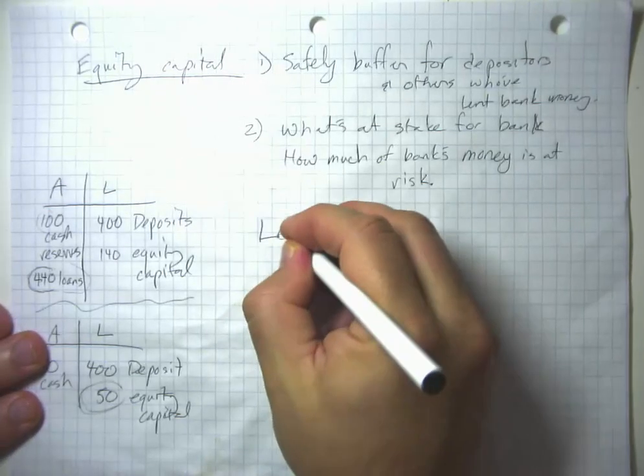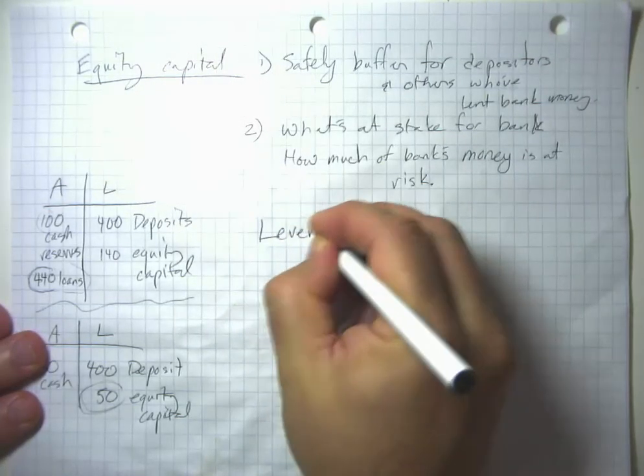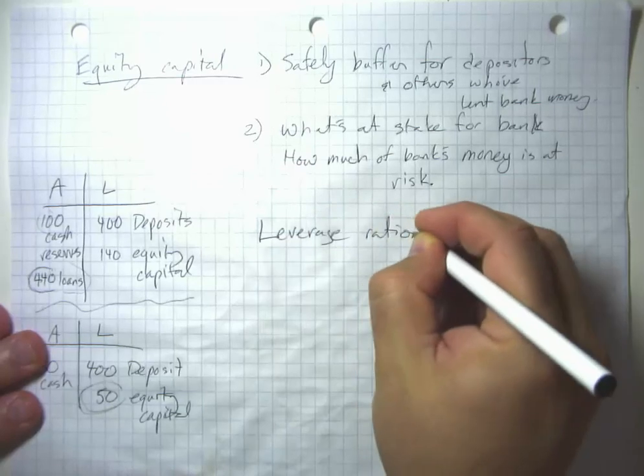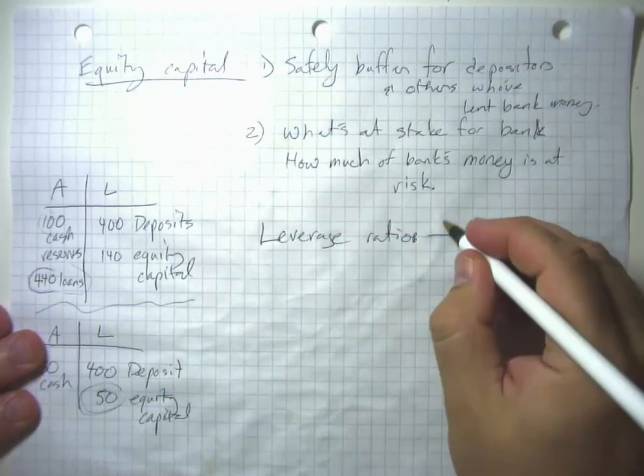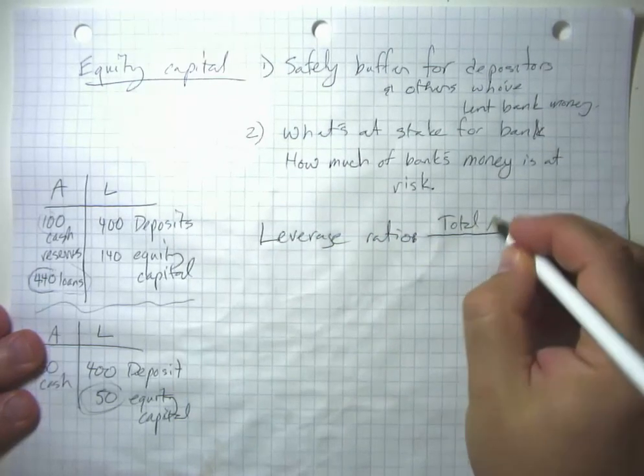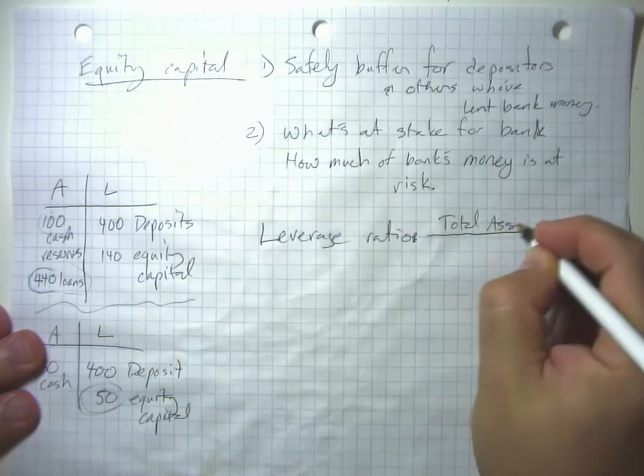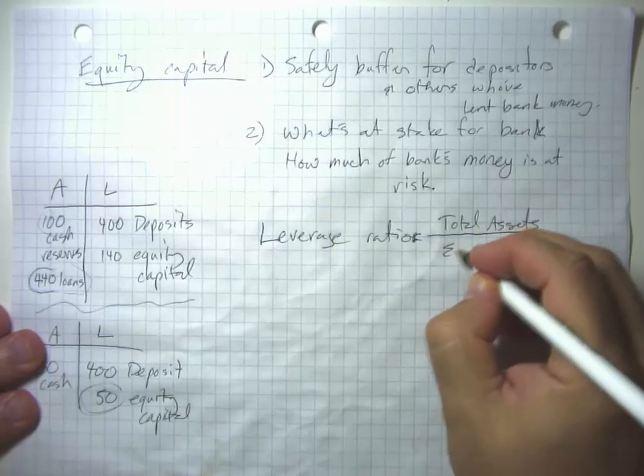So one thing that we often look at here is what's called the leverage ratio. The leverage ratio is the bank's total assets over its equity capital.